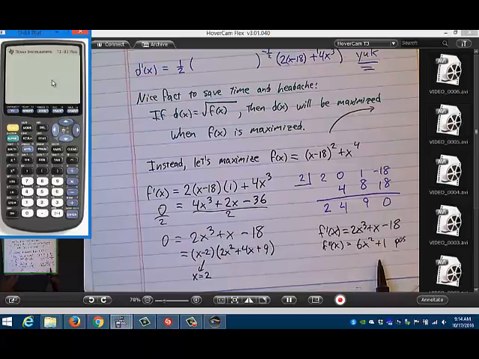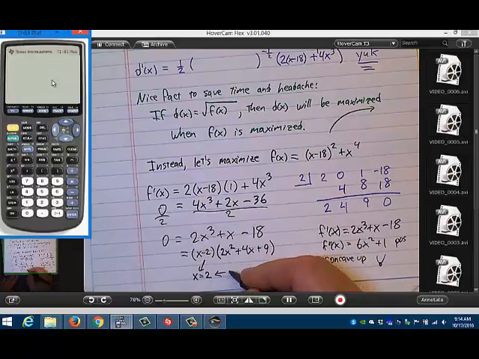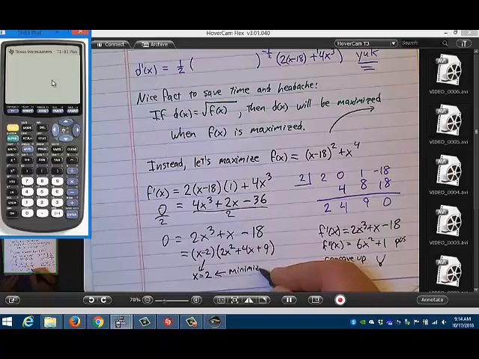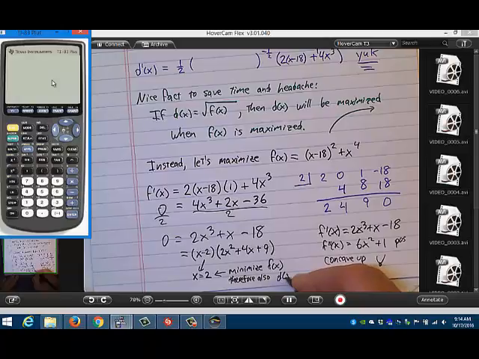And then we add 1 to that, which means we are concave up, cup. And so x equals 2 will minimize f of x. Therefore, it also minimizes d of x.